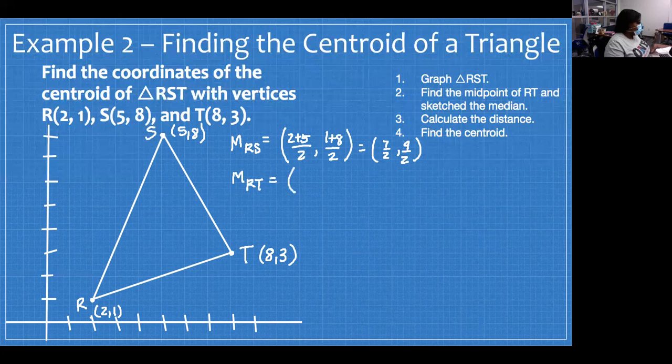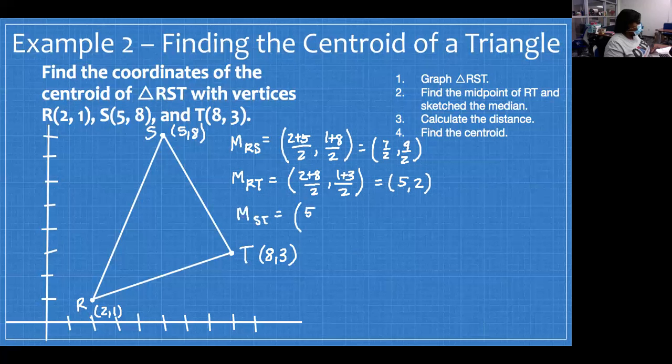That's going to be (2 plus 8) over 2 and (1 plus 3) over 2, so that's (5, 2). And then I need the midpoint of ST. That's (5 plus 8) over 2 and (8 plus 3) over 2, and that's 13 over 2 and 11 over 2.